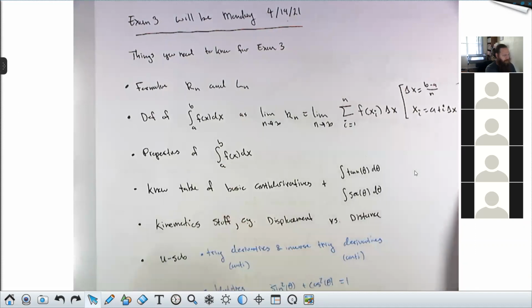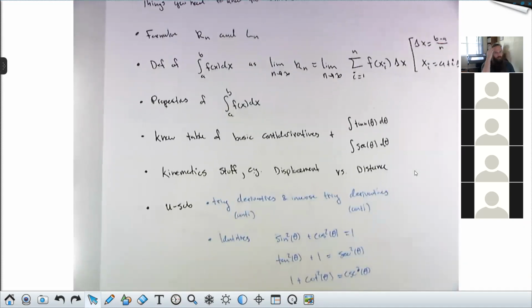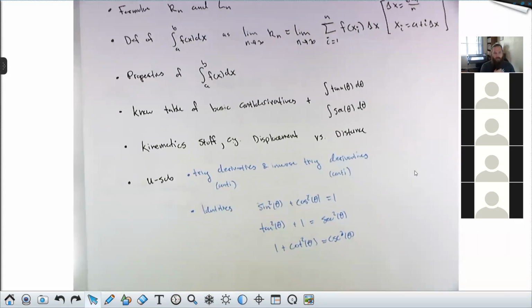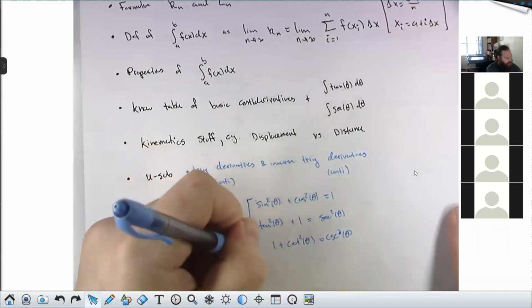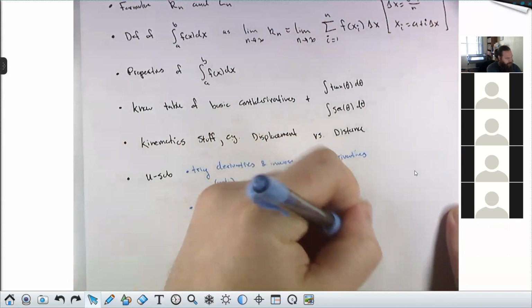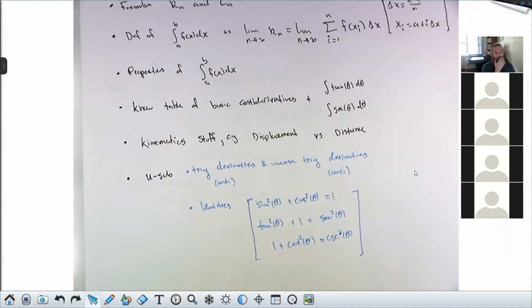Although I'm hard pressed to think of a place where you really do need those in u-sub. But definitely these three trig identities, I expect you guys to remember them throughout the whole class. We use these pretty regularly, although aside from the problem I just showed you, I can't think of a lot of places where you would actually need them. But those are the major topics.